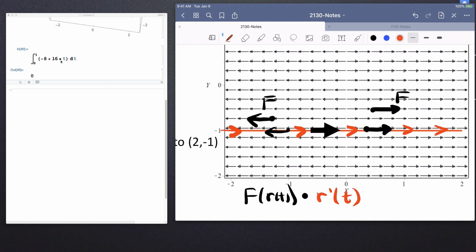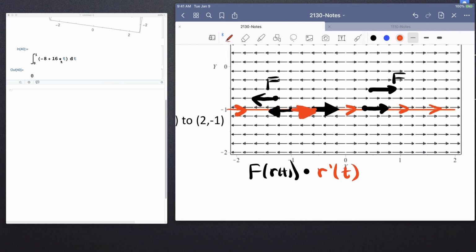And here we can see that sometimes the vector field is pointing in the opposite direction of the direction of the curve. Because of the nature of this dot product, you'll recall that there's an equivalent definition for the dot product: the magnitude of the force, times the magnitude of the velocity, times the cosine of the angle between those vectors.